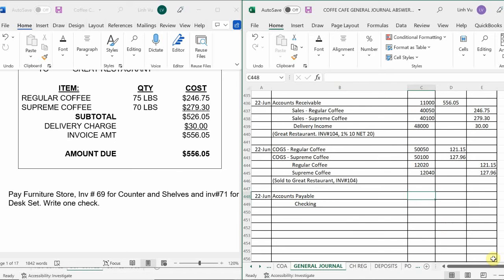The accounts payable is 20,000 and the checking is 10,100.